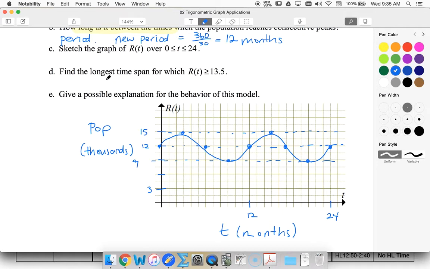Find the longest time span for which the population is greater than 13,500. So now I'm looking at my graph. I've actually put in the line inadvertently for 13.5. So the longest time span is going to be the time between my points of intersection. Somewhere around here, that's what I'm looking for. My graph is symmetric. I'm going to use my calculator to find that time span.